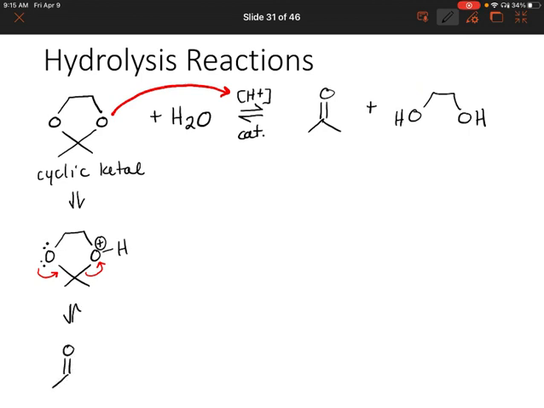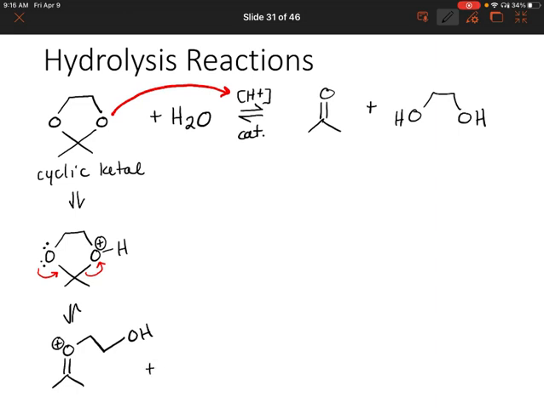So now we have a double bond to one oxygen, and that oxygen is still attached to the carbons up at the top of our ring from earlier, but now we have an alcohol at the end.